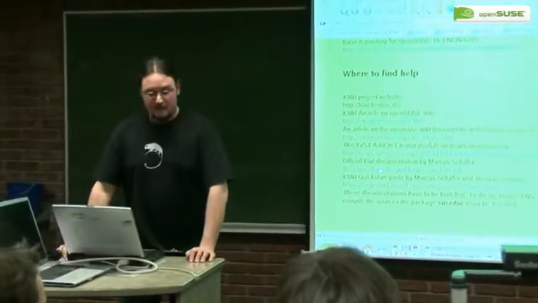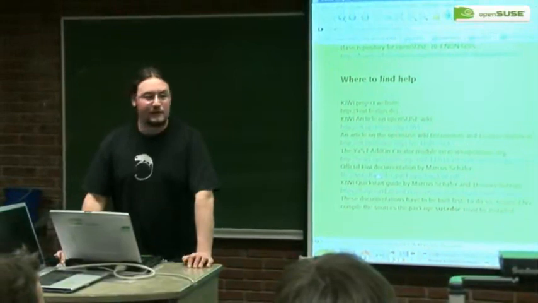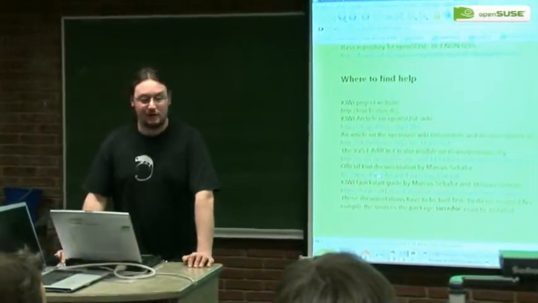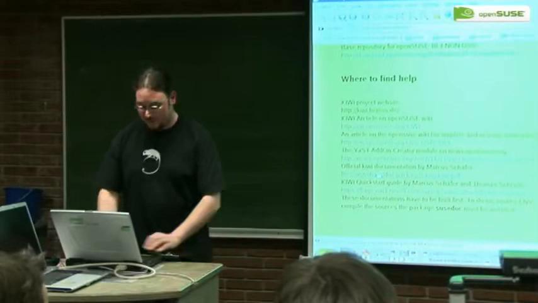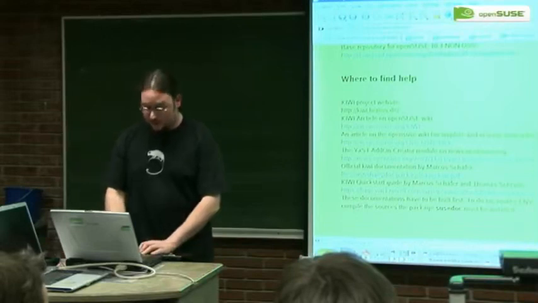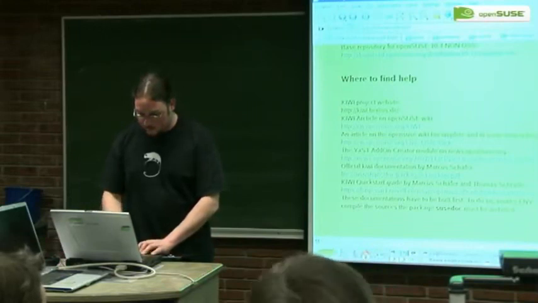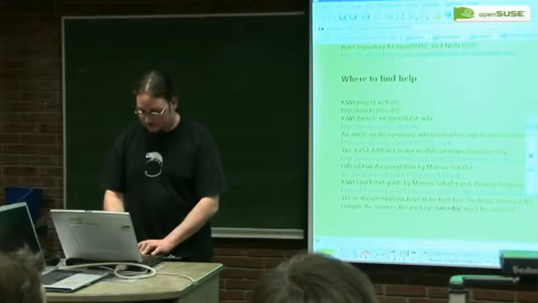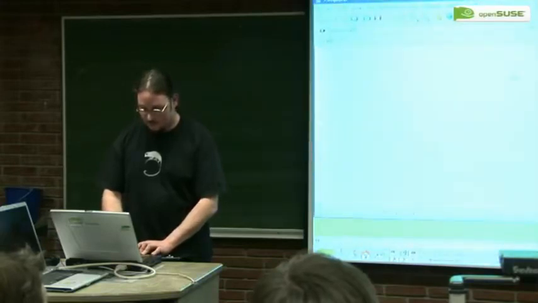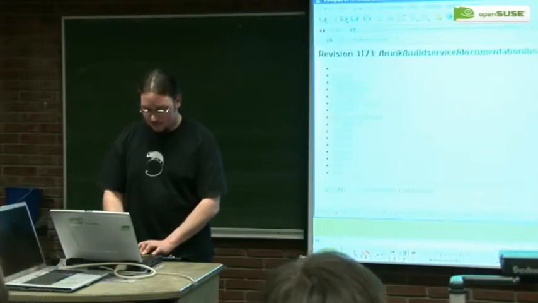And a few weeks ago, Thomas and Markus started to write a quick start tutorial, which you will find in the build service documentation actually. At this link you will find the books, and there's a quick start Kiwi.